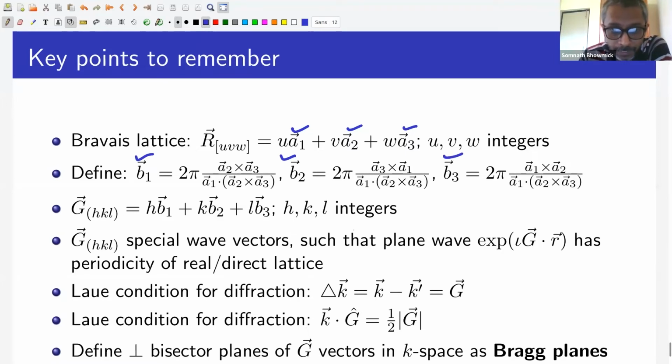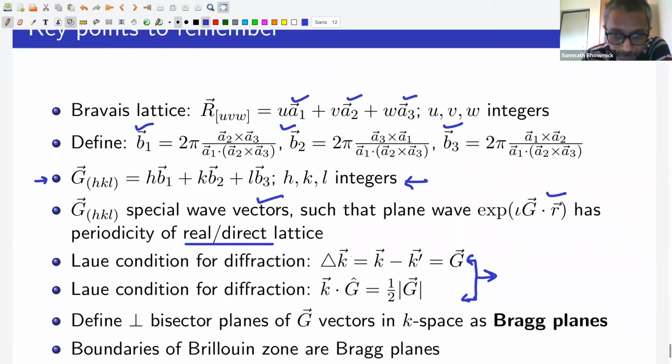We can write a general vector in reciprocal lattice in this form, and these G vectors are special wave vectors such that the plane wave e to the power iG dot R has the periodicity of the real or direct lattice. We also learned about the Laue condition for diffraction, which can be represented in 2 different forms: delta K is equal to G, or K dot G hat is equal to half of G, where G is a reciprocal lattice vector and K is some general wave vector.